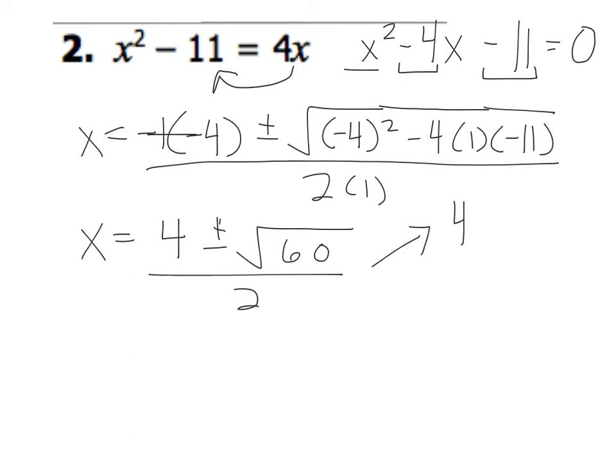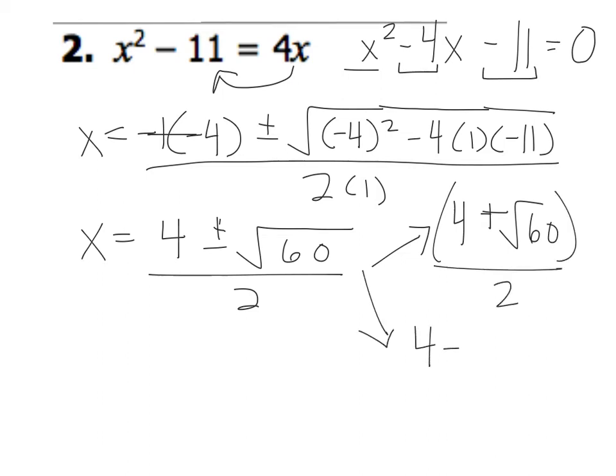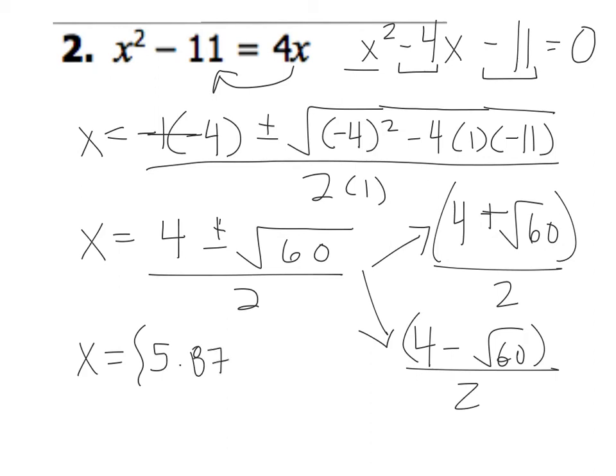First I'm going to have 4 plus the square root of 60, all of that divided by 2. Then I'm going to have 4 minus the square root of 60, and all of that divided by 2. So I'm going to have 2 solutions, and those solutions are going to be 5.87 and negative 1.87.